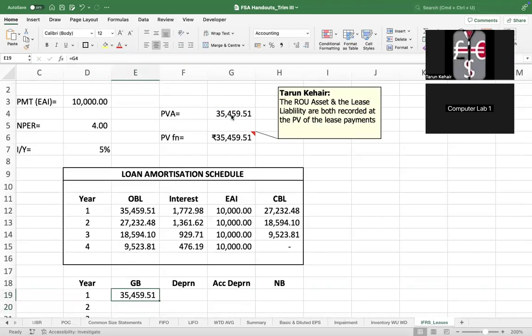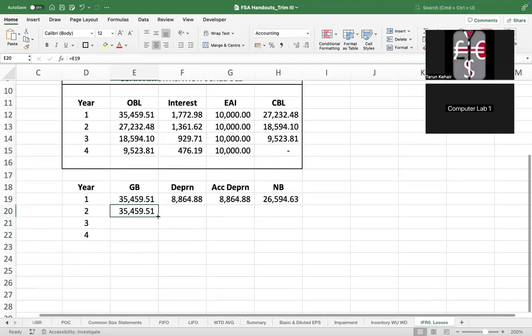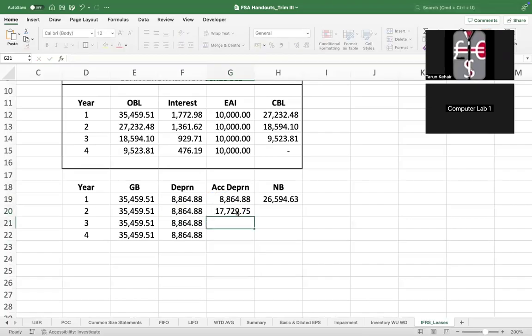Now, here we are assuming the straight line method of depreciation. So in the first year it will be this divided by 4. Accumulated will remain the same, and gross minus accumulated will become your net. Now, gross block never changes, it stays the same. What changes is your depreciation, which has to be the same each year. Accumulated will be previous plus addition. So that is your depreciation, and net block is simply that.